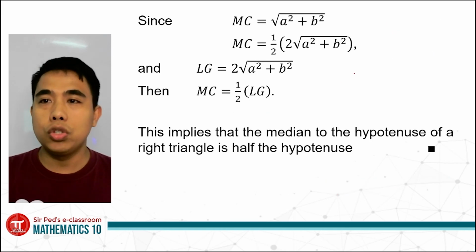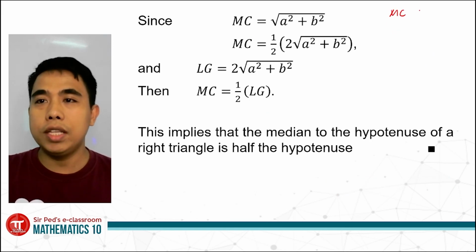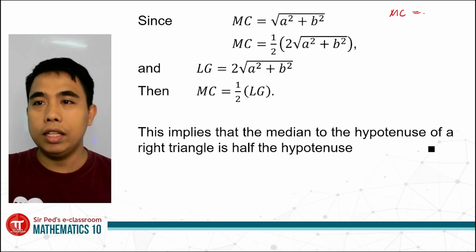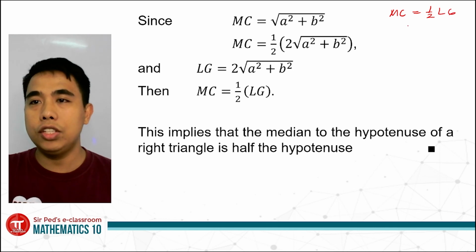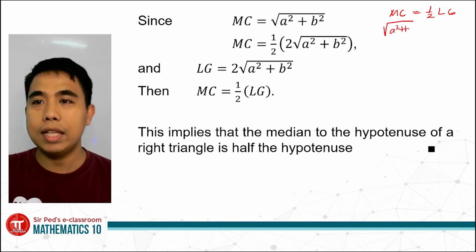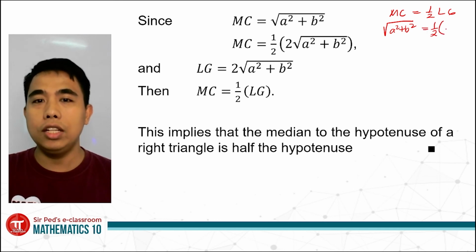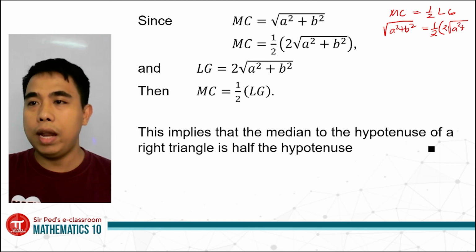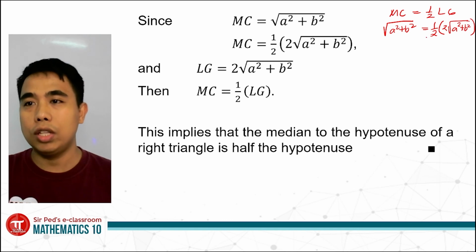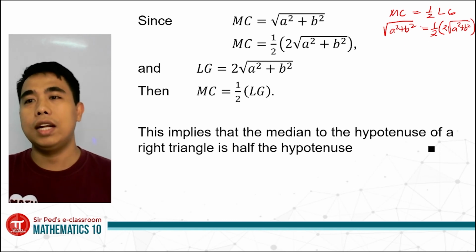So by substitution, si MC natin, sabi natin kanina, MC is equal to 1/2 of LG. MC is equal to the square root of a squared plus b squared, which is equal to 1/2 of LG, ay 2, the square root of a squared plus b squared. It must satisfy yung equation natin. Dapat equal yung left side at saka right side.